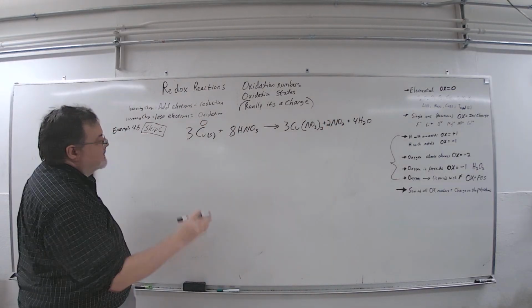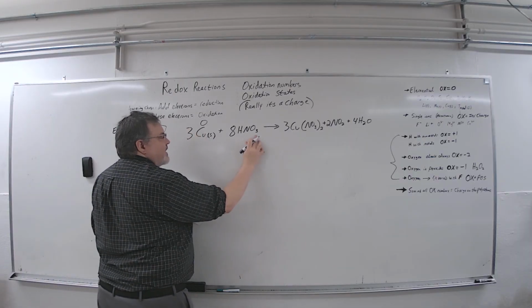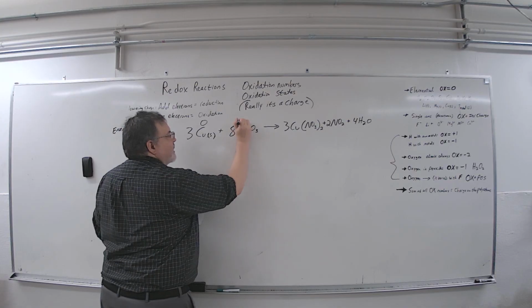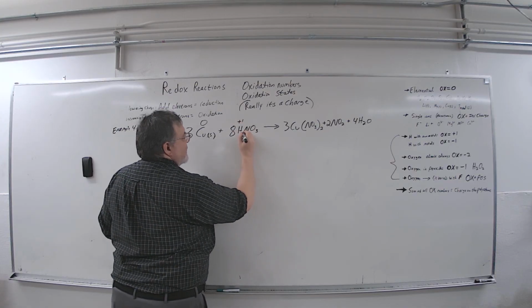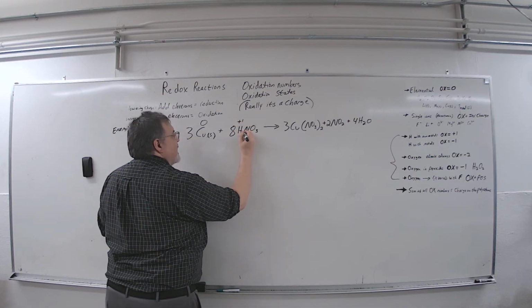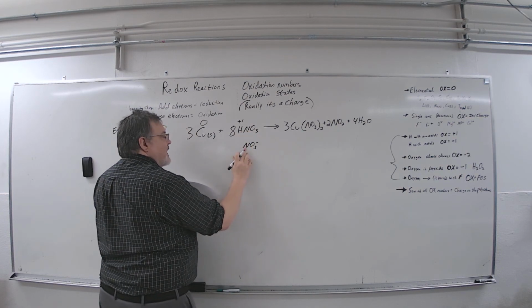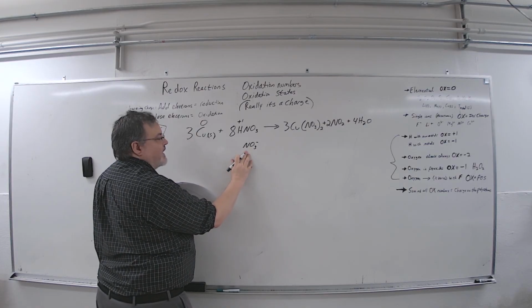Okay. These are nonmetals, so what's the charge on H? +1. If I split that 1 H plus off, I have NO3 negative. That's in your list of polyatomic ions.